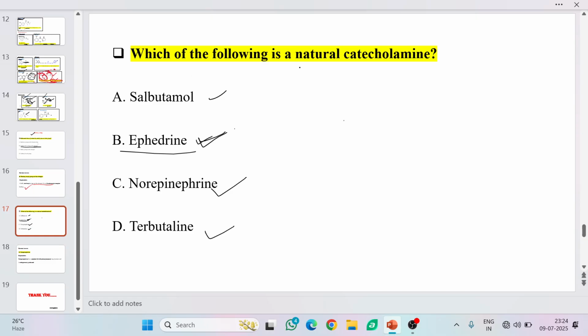So natural catecholamine. I already told the structure which contains catechol. Okay, this is catechol. The structure which contains this catechol with this amine is called a catecholamine.